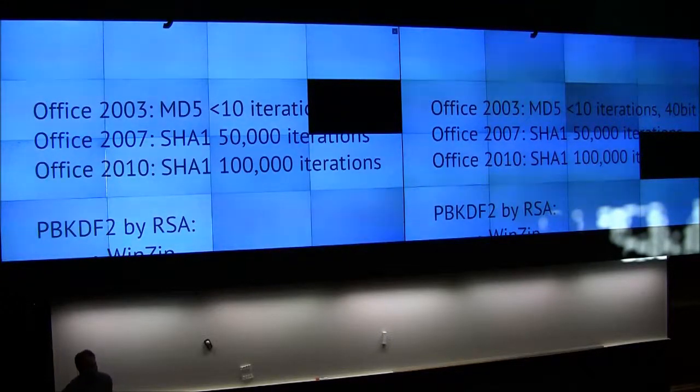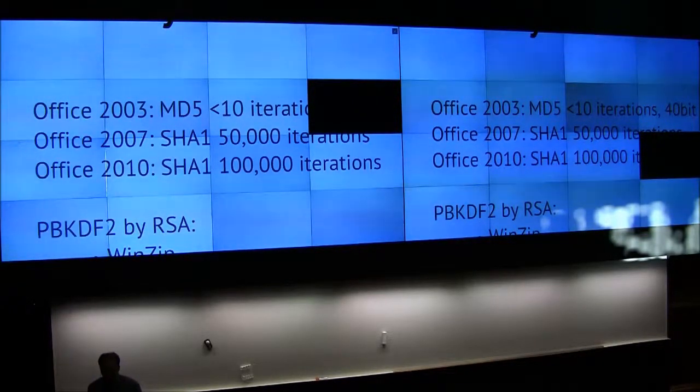This was a quantum leap in terms of security of Office applications. And I would say that Office 2007 is secure enough for most applications. We are not speaking about military, etc. In Office 2010, nothing basically changed except for the iterations. The number was twice as large.